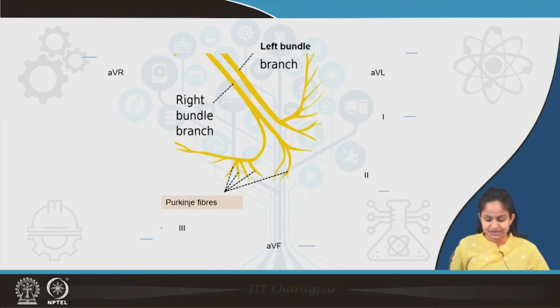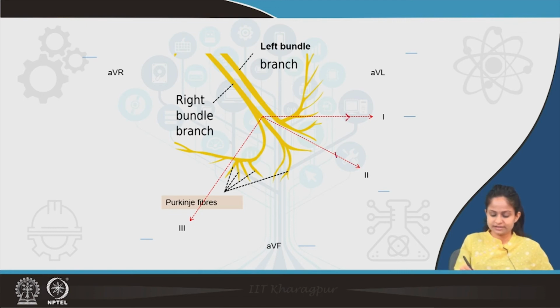Now, coming to ventricular depolarization, we get 3 waves. We will see how this ventricular depolarization fits in the hexaxial system. This is lead 1 at 0 degree, this is lead 2 at 60 degree and this is lead 3 at 120 degree, the standard limb leads.